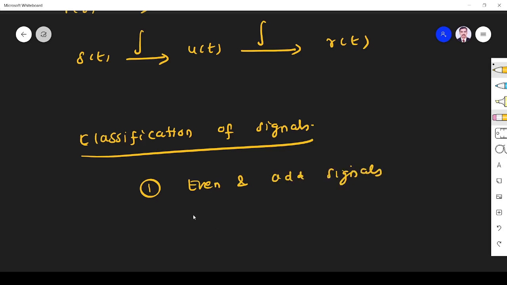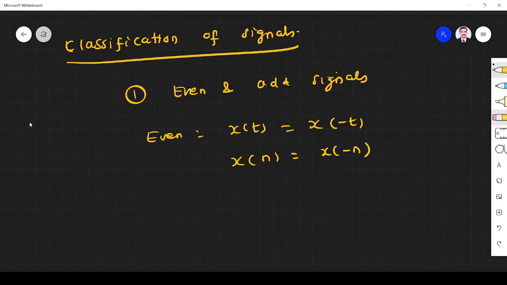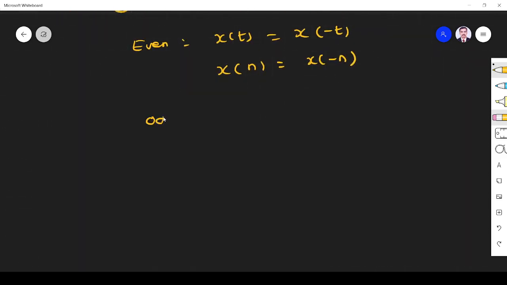A signal is called even when x of t is equal to x of minus t in continuous domain. In discrete domain, x of n is equal to x of minus n. Whereas a signal is called odd if x of t is equal to minus x of minus t, x of n is equal to minus x of minus n. This is for continuous, this is for discrete.